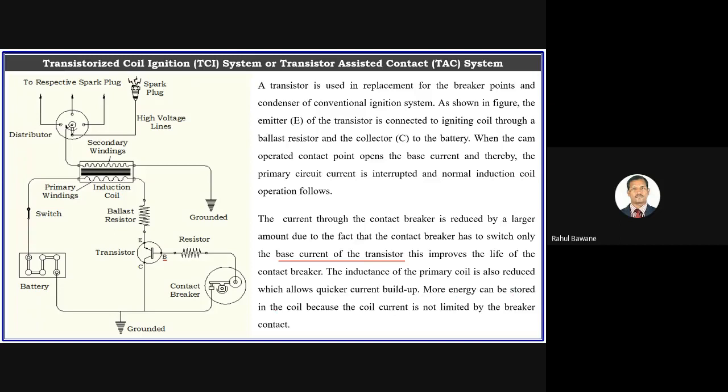More energy can be stored in the coil because the coil current is not limited by the breaker contact, because coil current is mainly restricted by the breaker contact. If high current is there, then there is a high possibility of pitting and sparking at the contact breaker point, especially in the battery ignition system. But here our contact breaker point is handling only the base current, so it is not affected by your primary current.